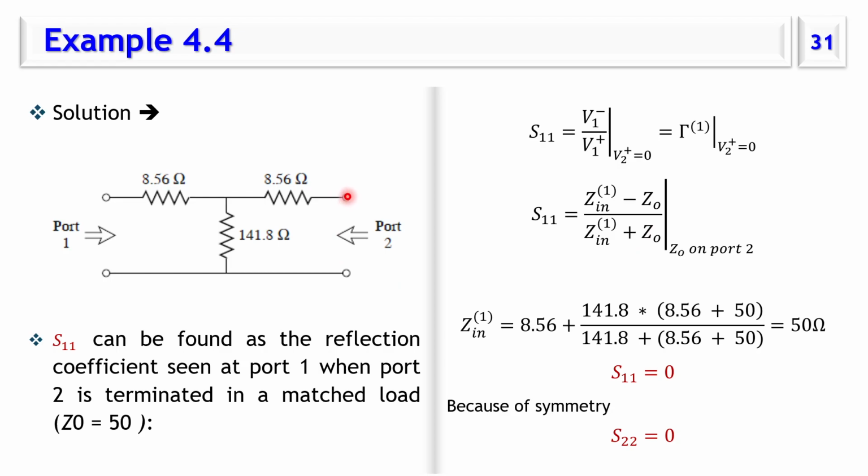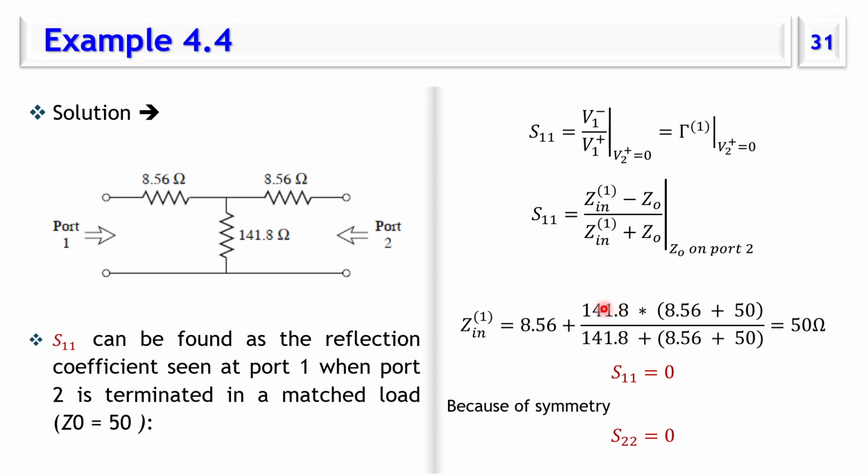So if this is a 50 ohm, what is the input impedance here? It will equal this resistance plus this resistance in parallel with 8.56 plus 50.